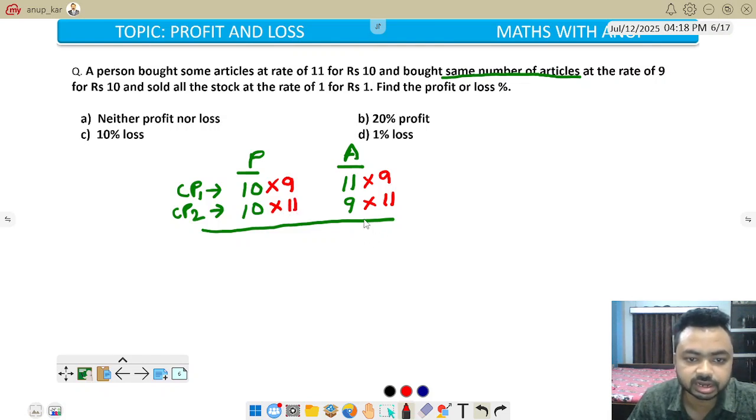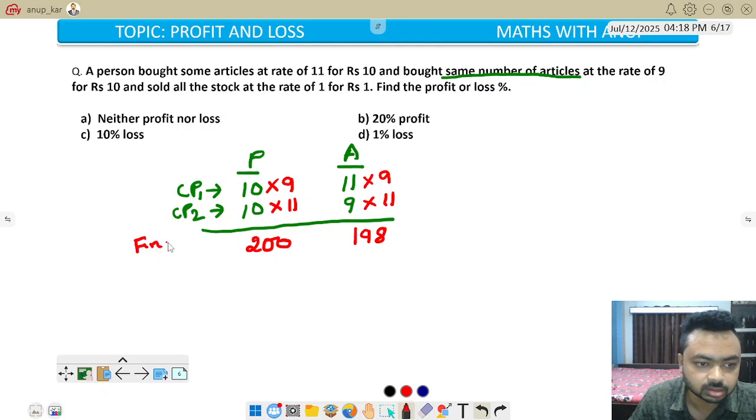So here we will be getting 99 plus 99, 198, and here 90 plus 110, 200. This is my final CP. Now SP is given to be how much? Sold all the stock at the rate of 1 for rupees 1.